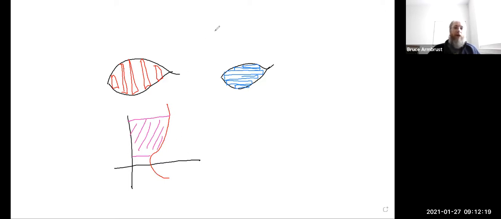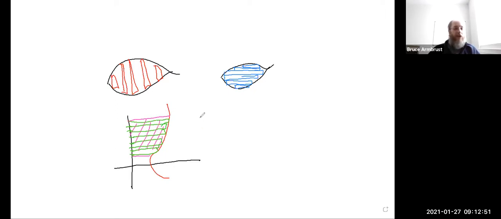Let's build it the same way we did before. We're going to now partition the y's instead of the x's. In each of those partitions, we're going to build a rectangle whose height is determined by the curve. Then we're going to add all those rectangles up and do an infinite number of them.